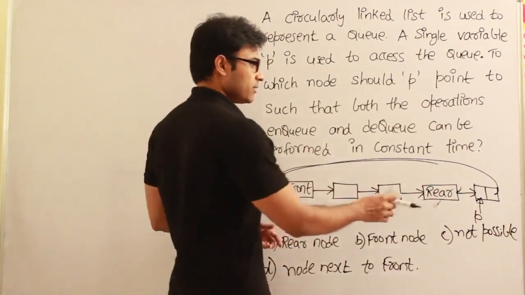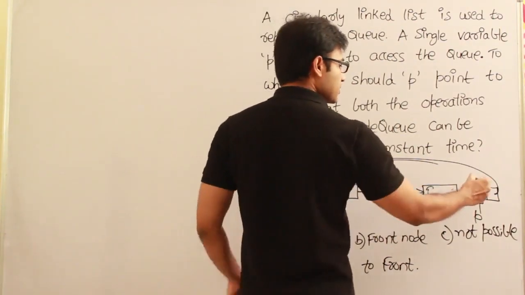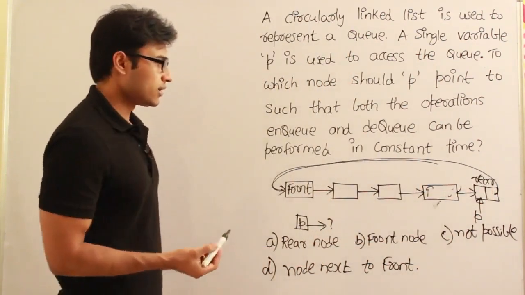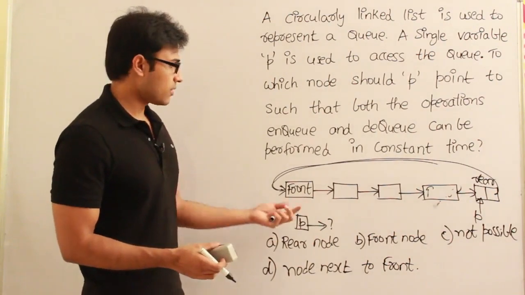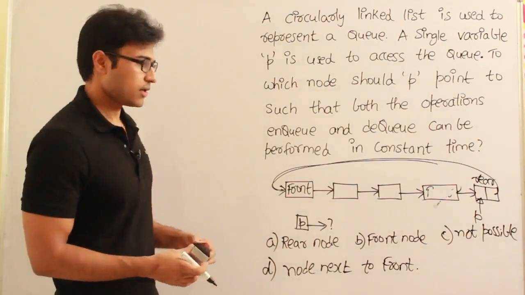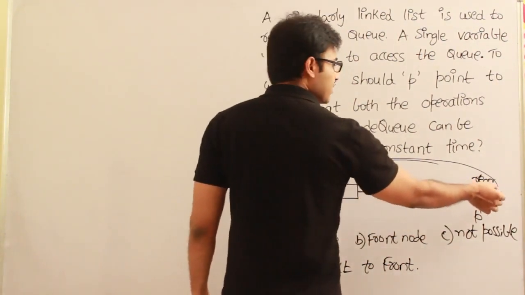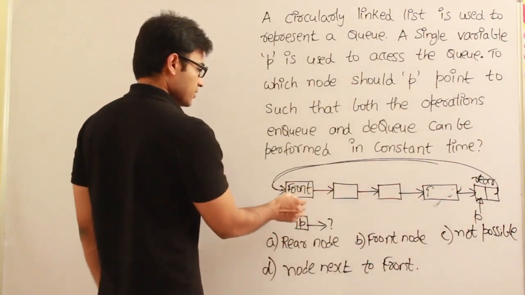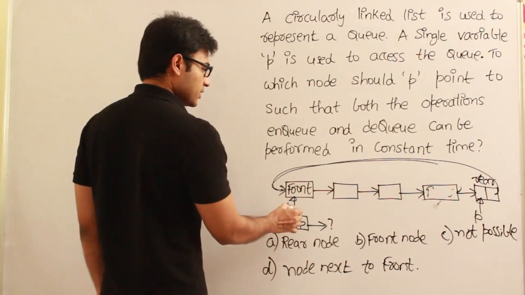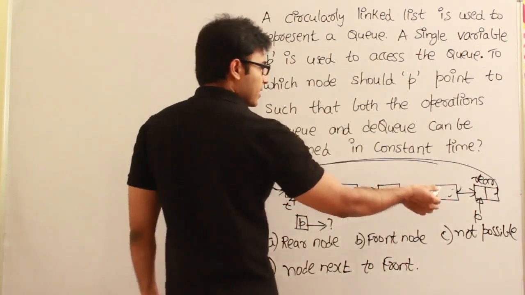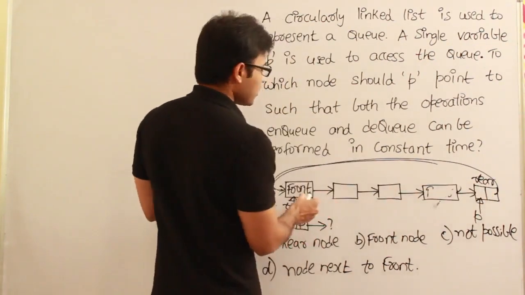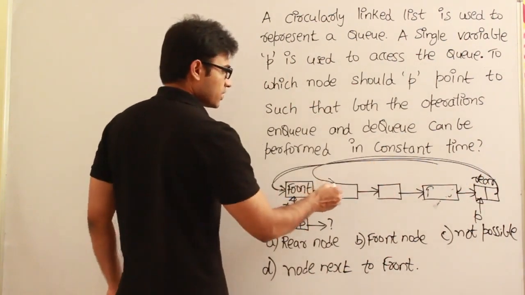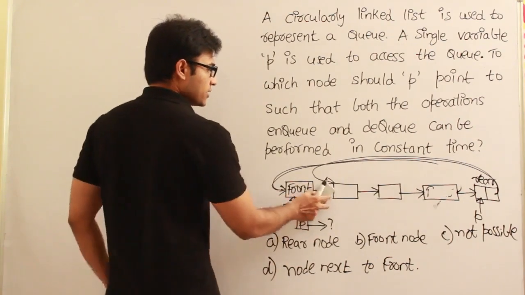Now the rear will become not this one, rear will become this one. And if I want to dq an element, then I have to delete it from the front. How can I delete it from the front? I have to just delete the one which is pointed by this. So I will use a temporary variable, point to this, and then make this one point to whatever this one is pointing to, and then I'll free this up.